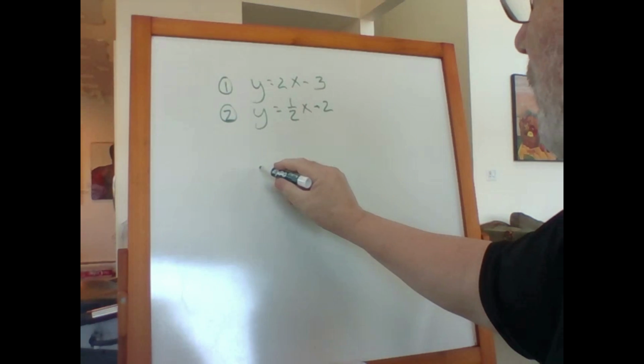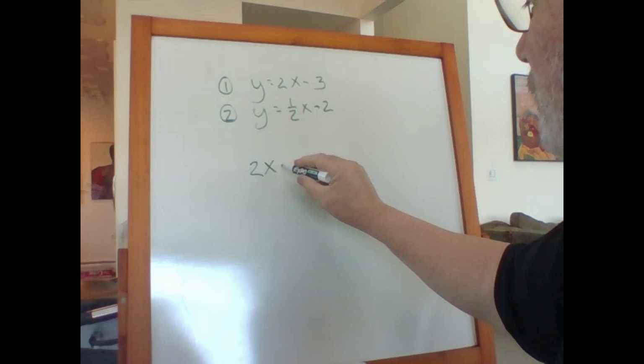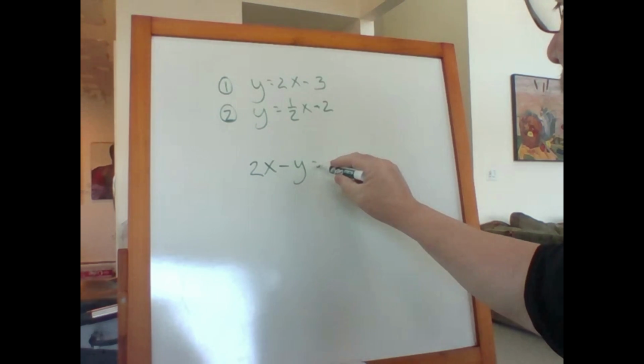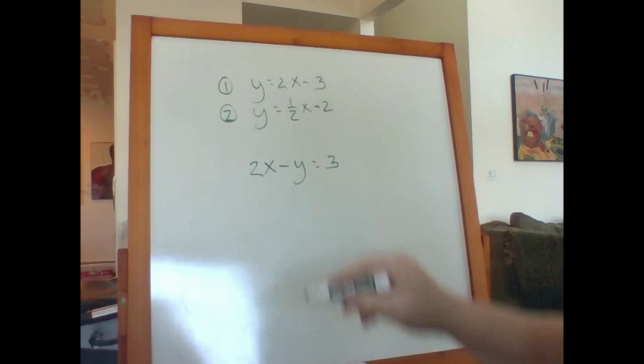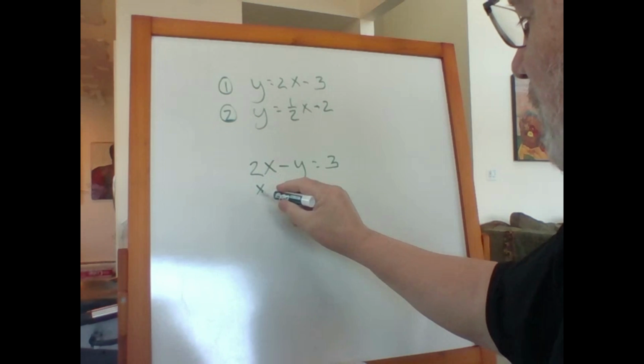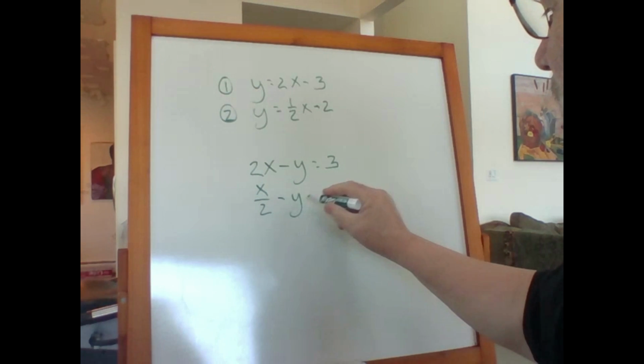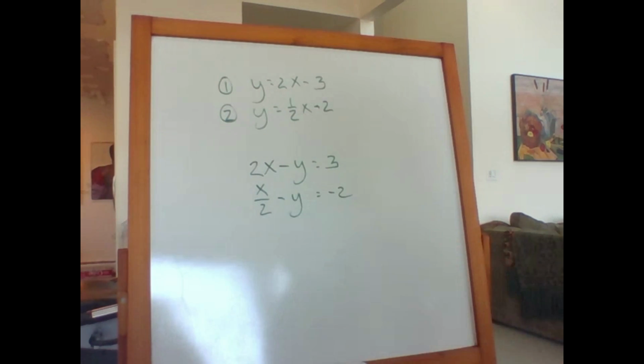So we'd end up with the equation 2x minus y equals 3. That's the same as the top one. And down here we would have x over 2 minus y equals minus 2.